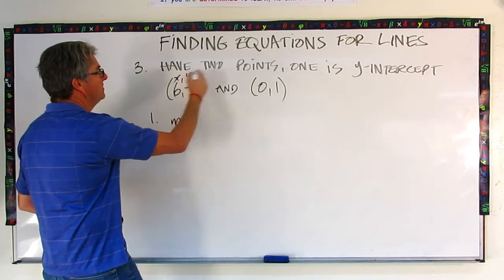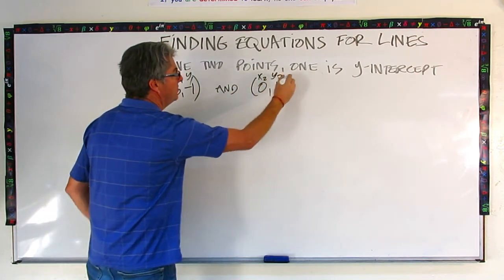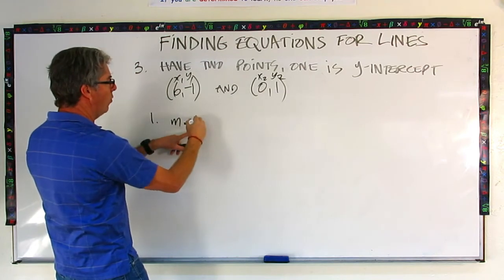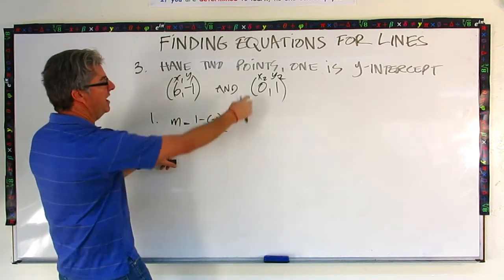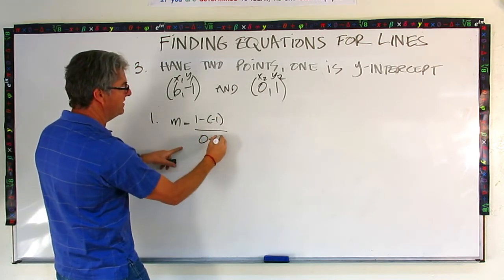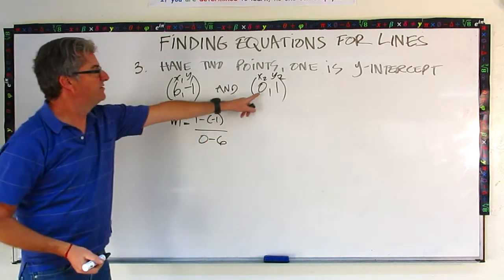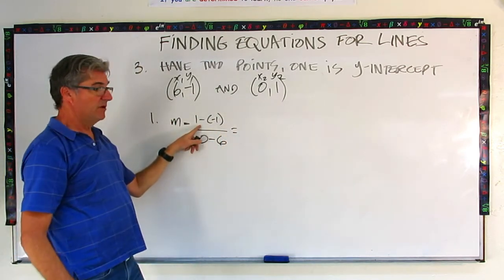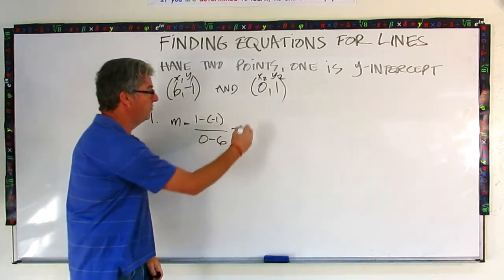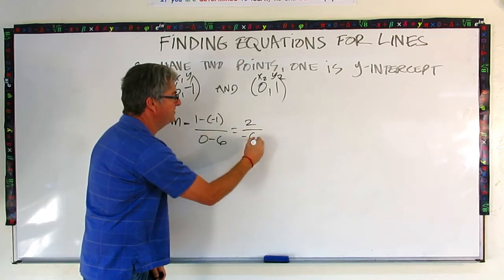x1, y1, x2, y2. It's going to be y2, 1, minus y1, minus a negative, and then x2, 0, minus x1. Okay, so that's 0 minus 6. So now we get, this is actually going to be 2. This is 1 plus 1. 2 over negative 6.